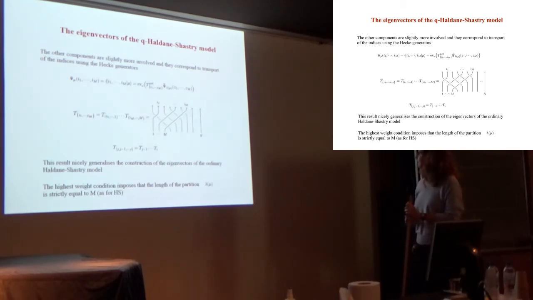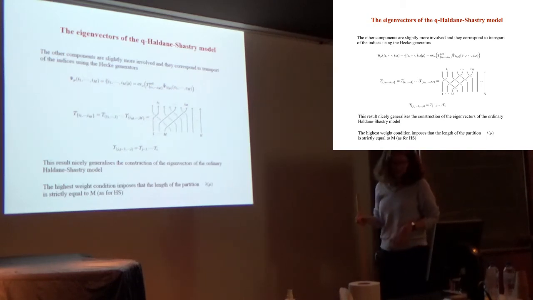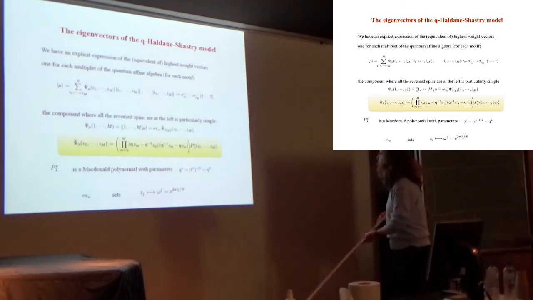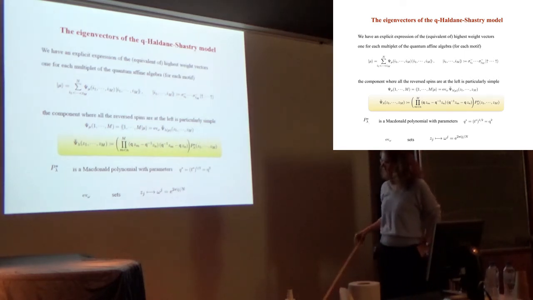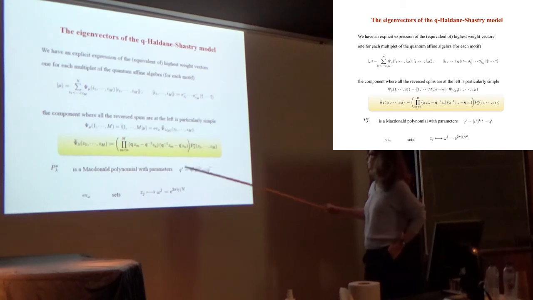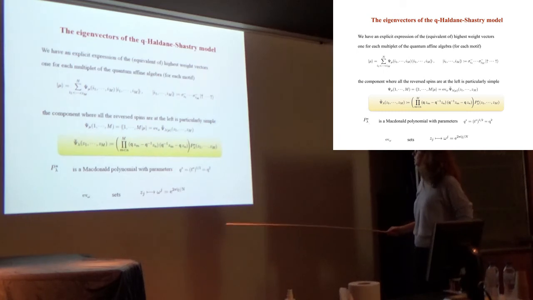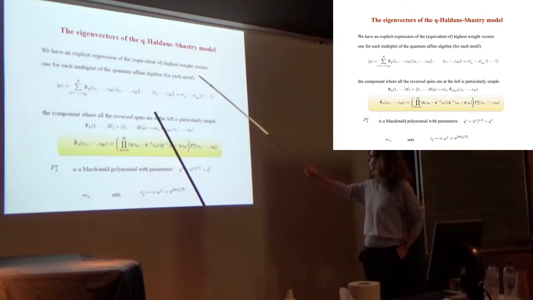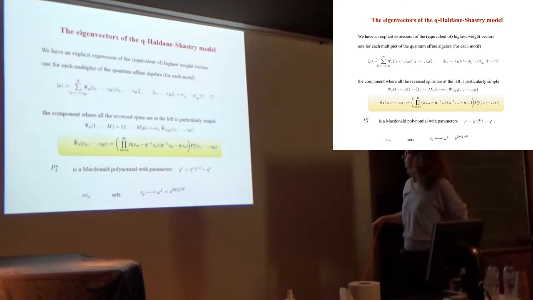I have not included the proof of this formula here, but the idea is to take a function of this type and act with the Y operators Y1 to Ym on this type of function.